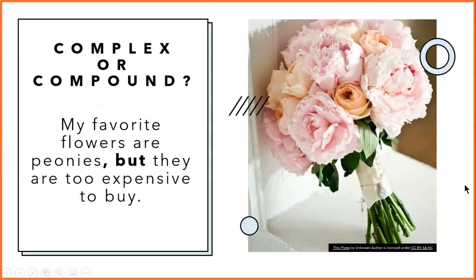So let's look. Is this compound or complex? My favorite flowers are peonies, but they are too expensive to buy. Well, my favorite flowers are peonies is independent. They are too expensive to buy is independent. My conjunction is in the middle, so I have a compound sentence.